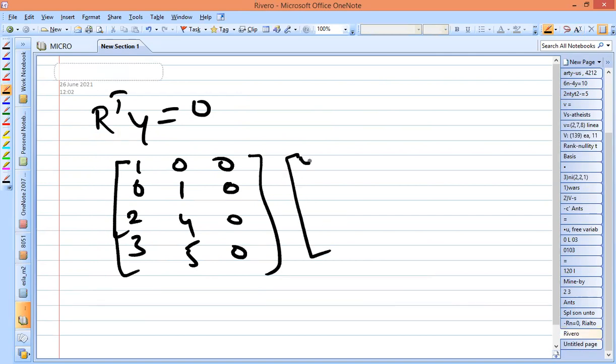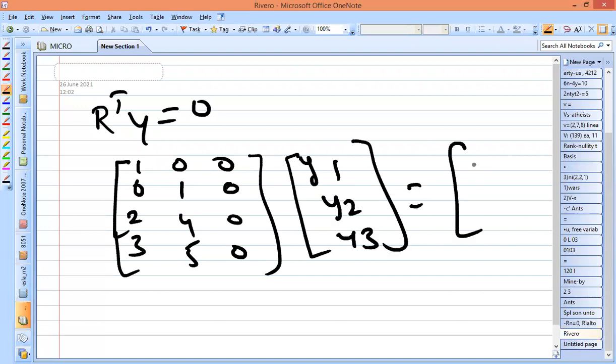This y has only 3 elements, y1, y2, y3, and it is equal to 0, since there are 4 rows.